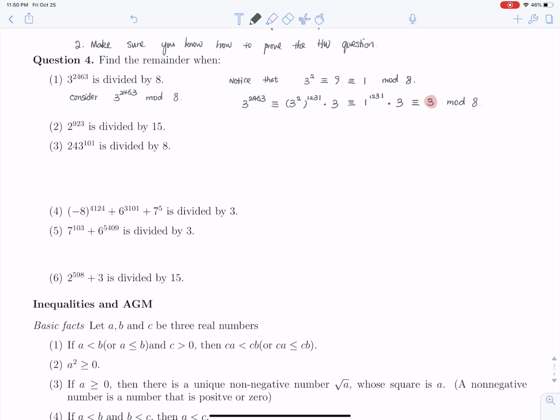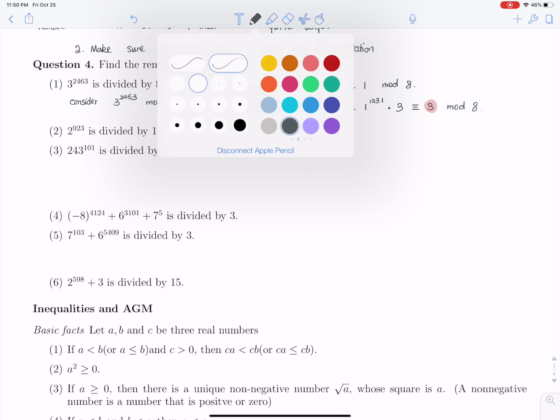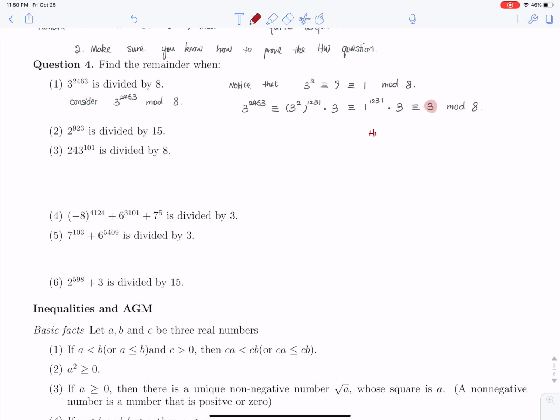So how do we approach this type of question? The general tip, let me write it somewhere, in another color here. So the hint for this type of question: you always want to find, let's say, x to the power of k such that this whole thing is congruent to 1 or 0 in mod n.